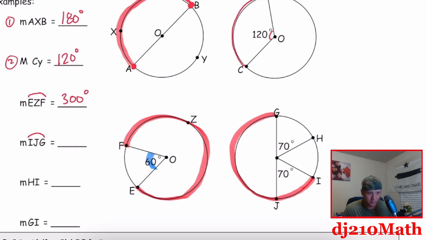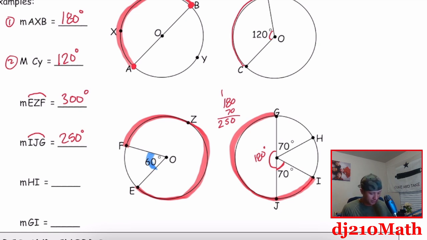I to J to G. This one we're gonna have to add some things together because we know that this side right here is a semicircle, half of a circle, and this little piece right here is 70. So 180 plus 70. 8 and 7 is 15. So this is 250 degrees.